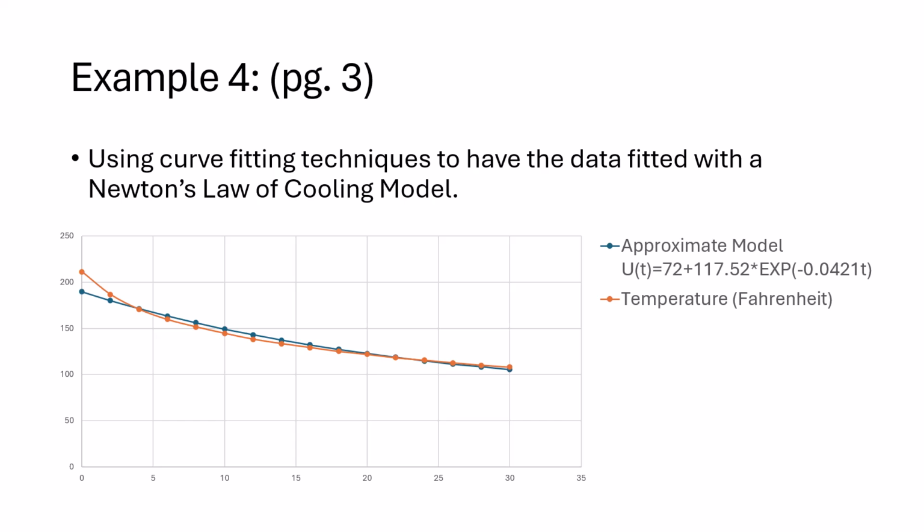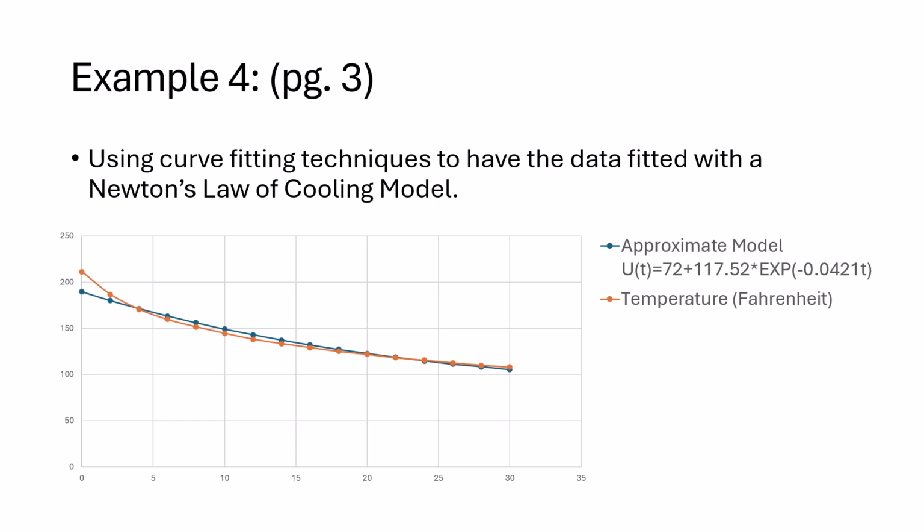So my model becomes 72 plus 117.52 times e to the negative 0.0421 times t. EXP in capital letters is an Excel command used for the number e. Here we can see that the blue graph is my model, and the orange graph is the actual data.